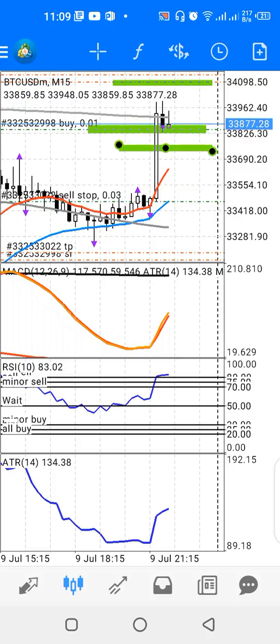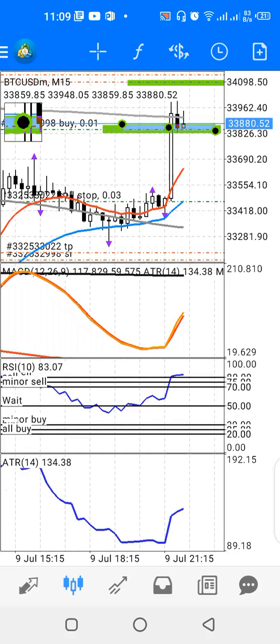So with this strategy, if you enter a buy trade and price starts to range, it will put your account in a drawdown.